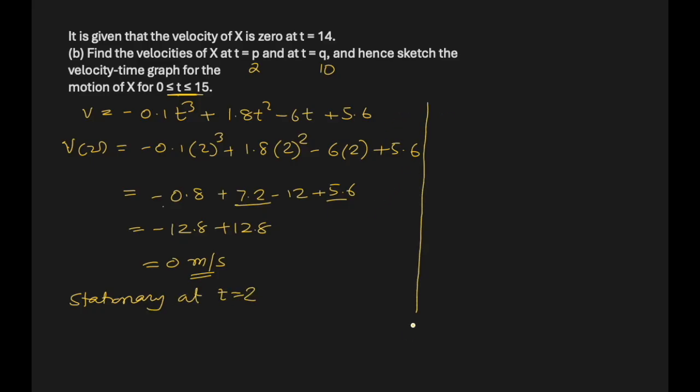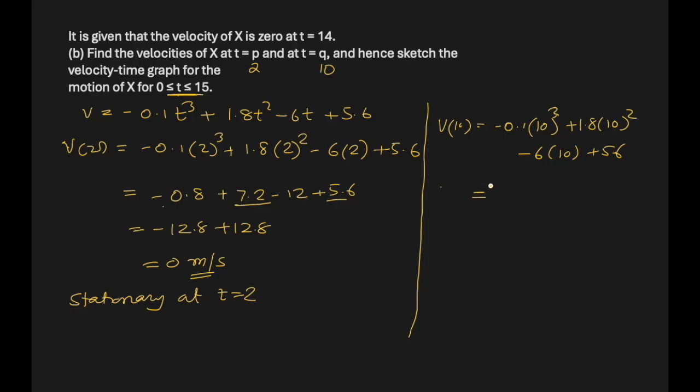Let's talk about the other one. V at 10 will be minus 0.1 times 10 cube plus 1.8 times 10 square minus 6 times 10 plus 5.6.